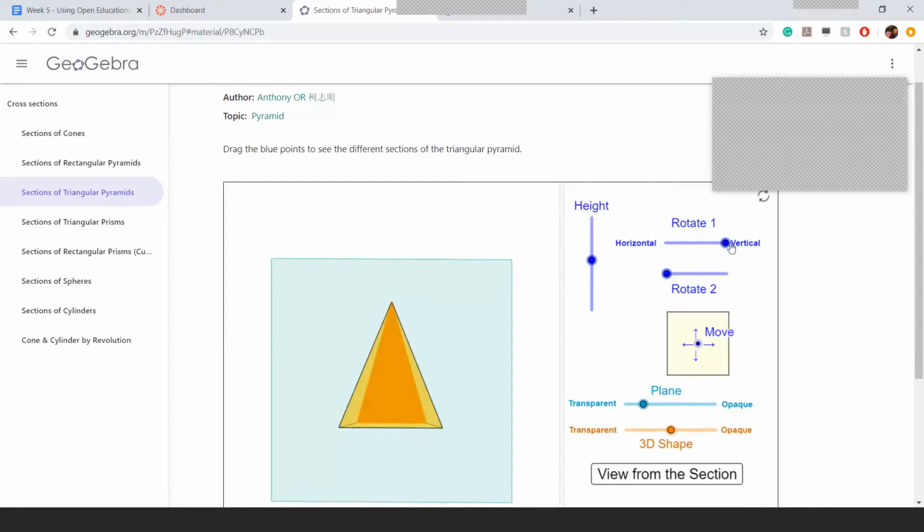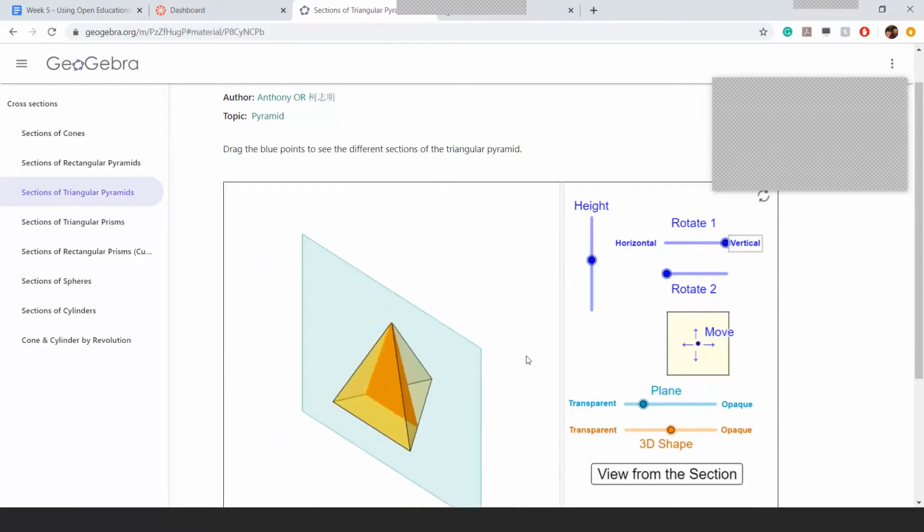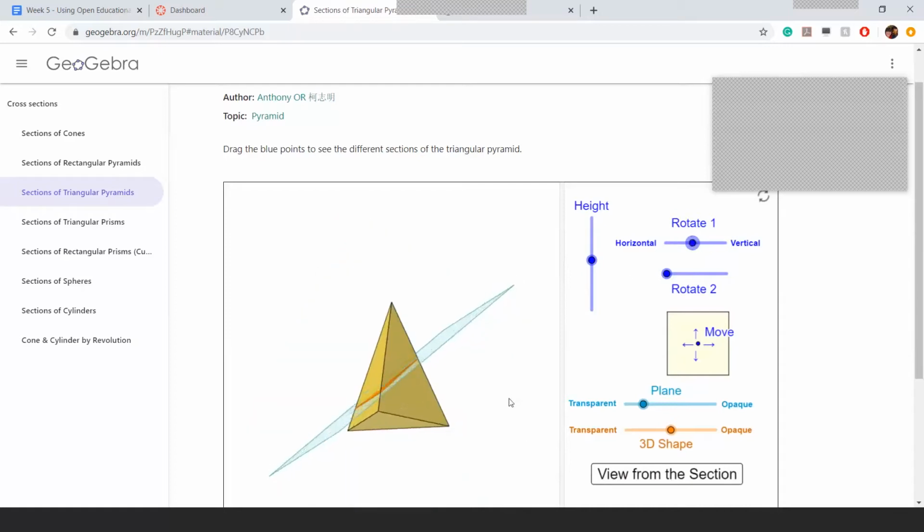So if I rotate back, give myself a little bit more of an aerial view, rotate it, and look here, it's not changing. It's maintaining that triangular shape all throughout as I go back towards horizontal. So this means that in a triangular pyramid, your horizontal cross section is a triangle, your vertical cross section is a triangle, and your diagonal cut is also a triangle.